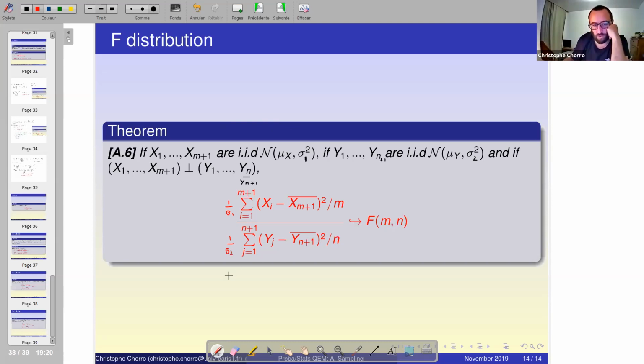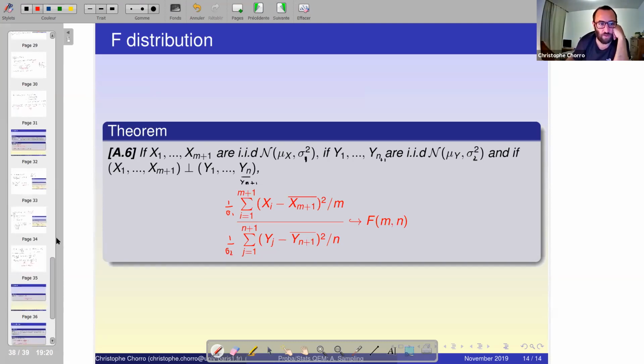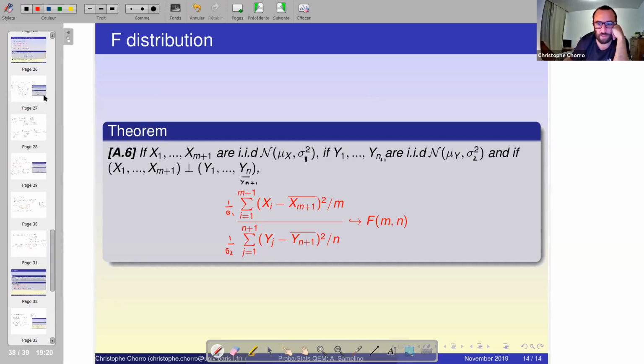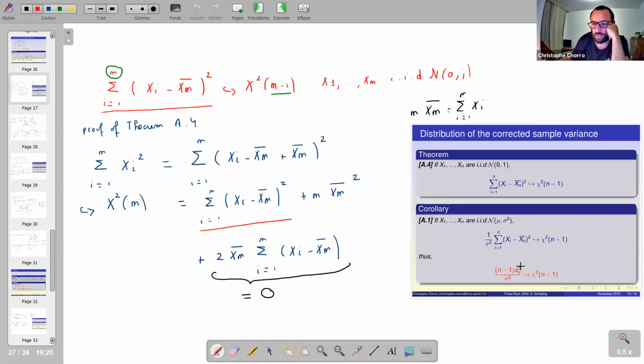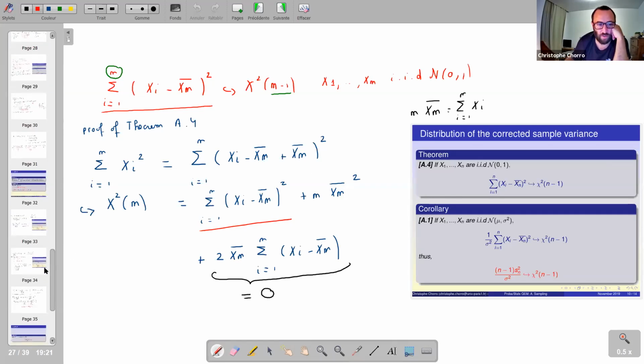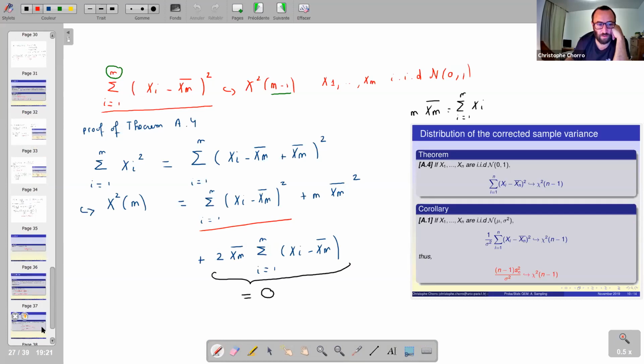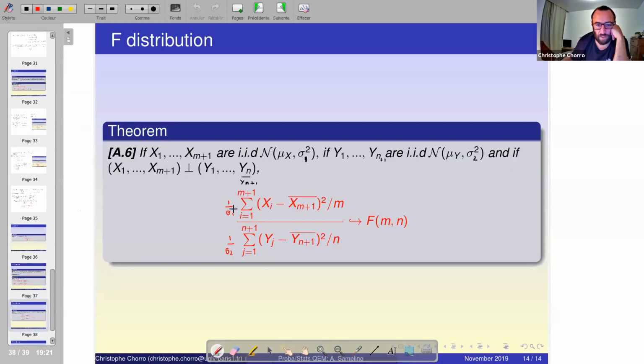So the underlying result that we are going to use is the one we have proved previously. That was this one: n minus 1 times Sn square over sigma square follows the chi-square of parameter n minus 1. And in fact, I have to modify what I have said here. Here it will be sigma 1 square, and it will be sigma 2 square here.